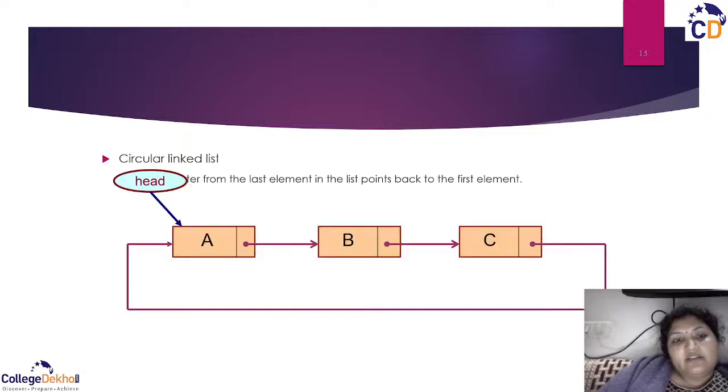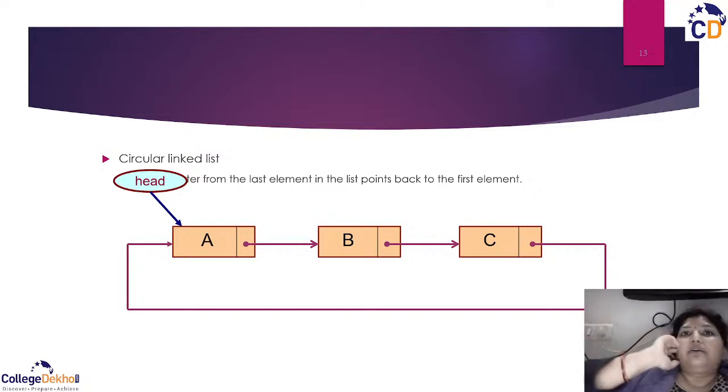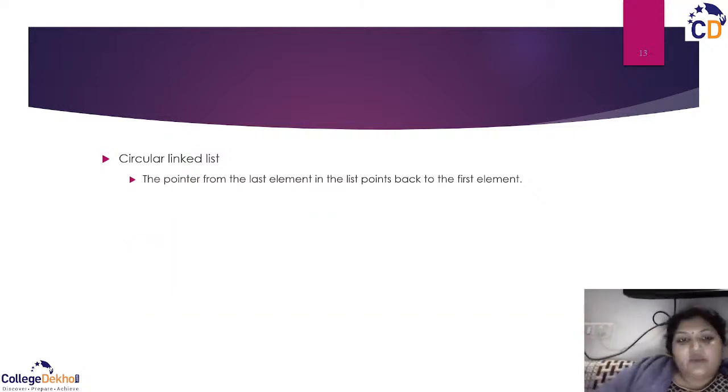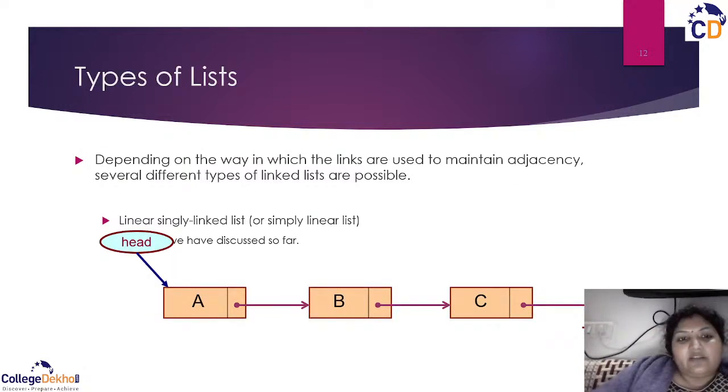And the circular list, what is a circular list? You have a number of elements, right? In a single linked list, the last element is holding null. What is it holding? Null, right? Because it is a single linked list.